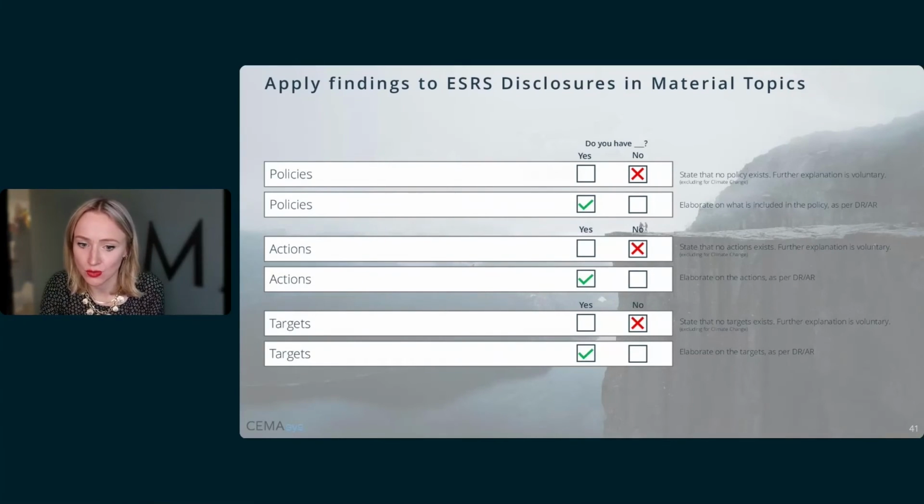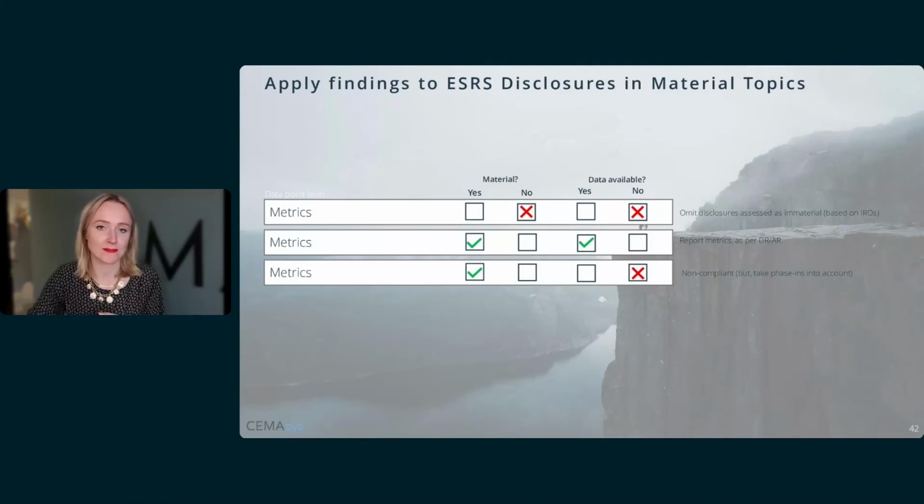When it comes to policies, actions, and targets, it is fairly simple: if you don't have a policy on something, you don't have to report on it. And if you found that material, you can create a policy. It doesn't necessarily take the most resources in the world, but it can be a bit more of a work in progress.